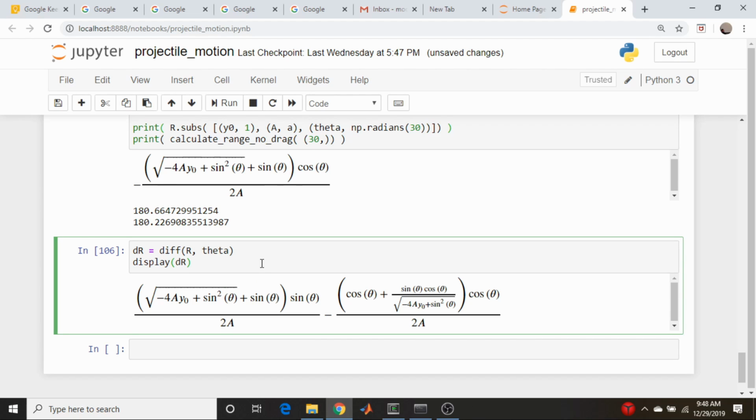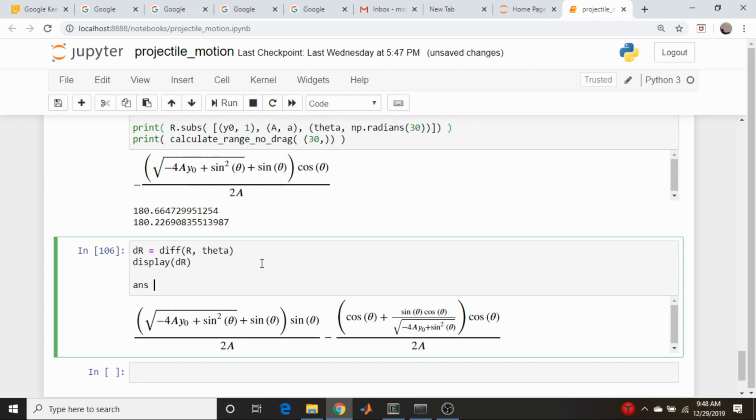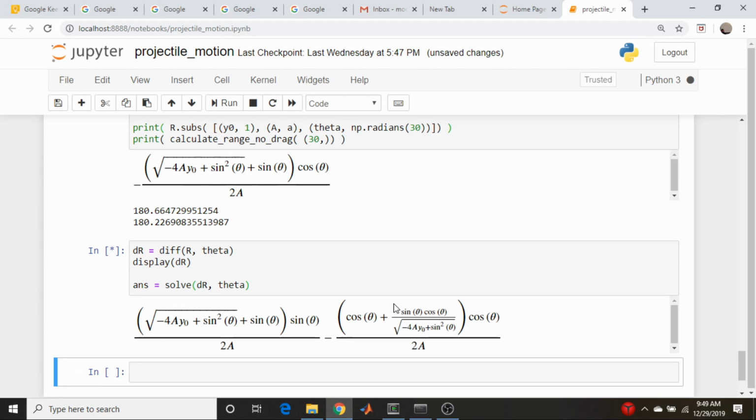And so we'll just create a variable called answer, and that'll be equal to solve dr with respect to theta, and the solve command will solve this expression here, dr, is equal to 0, and it's going to solve for theta. So that seems to be doing it. Let's print out our answers.